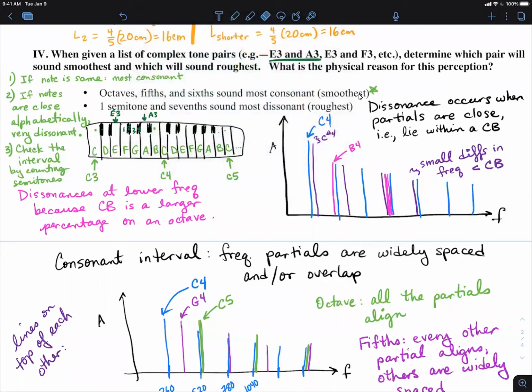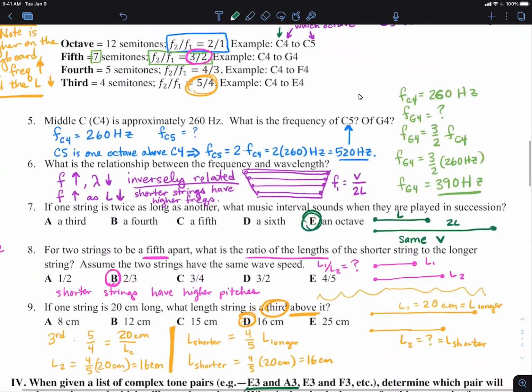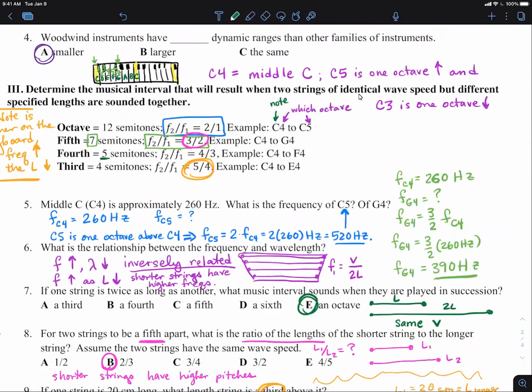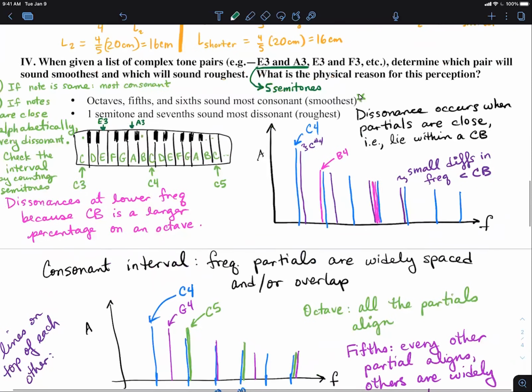What interval is that? 5 semitones would be a fourth. And that would be relatively smooth. You can say smoothish if you want.